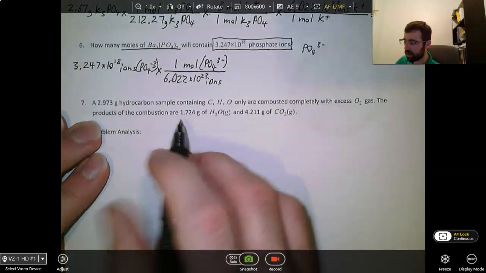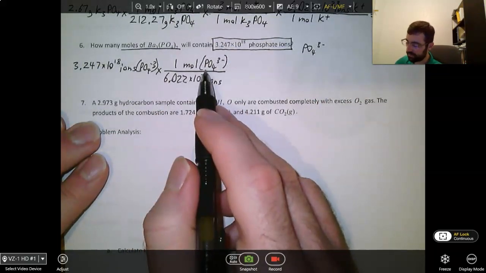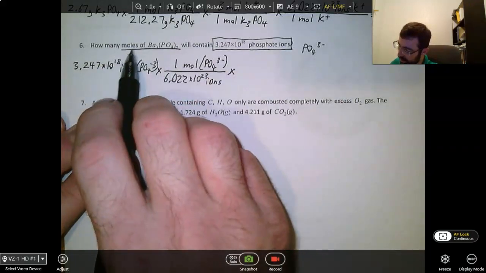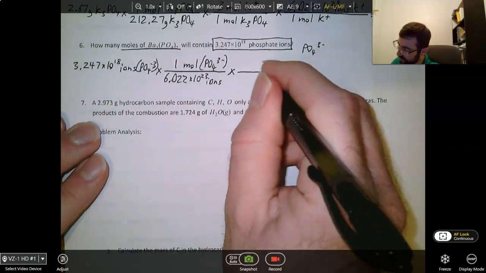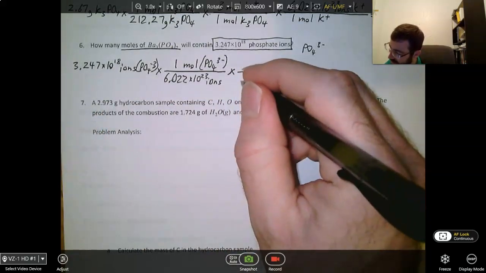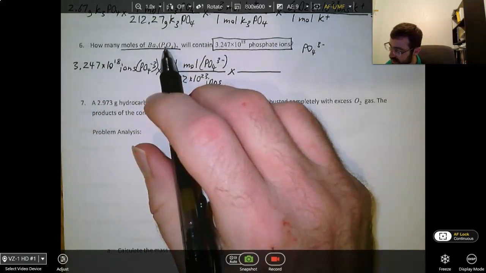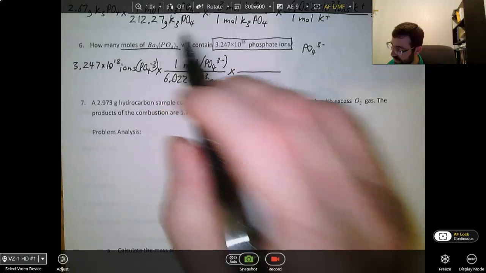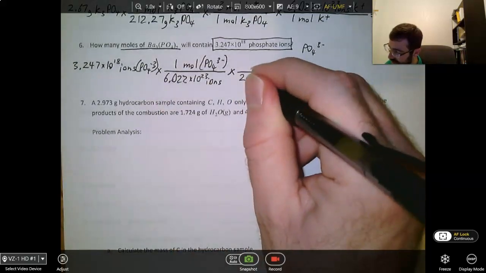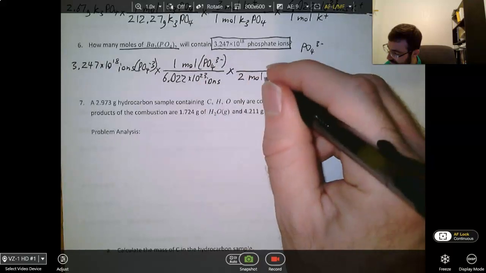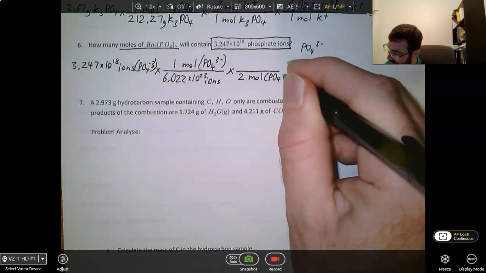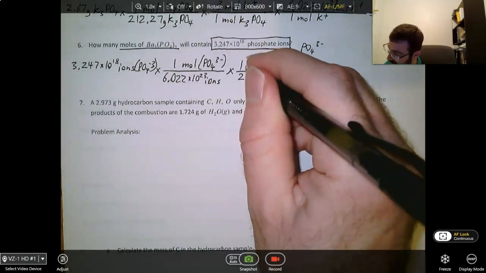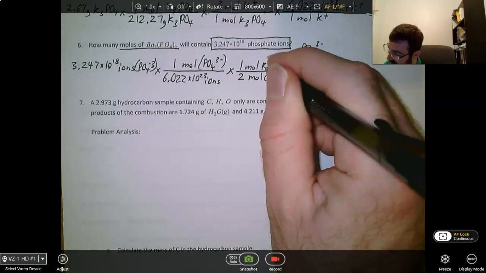So that would get us to moles of phosphate. But I want moles of barium phosphate, not moles of just phosphate. So what's our relationship between moles of phosphate and moles of barium phosphate? For every barium phosphate, we have 2 phosphates. So I have 2 moles of phosphate for every 1 mole of barium phosphate.